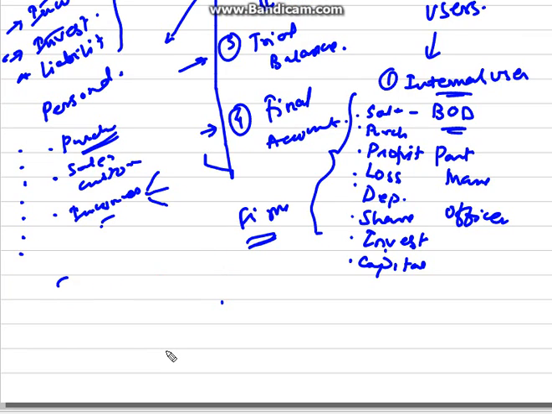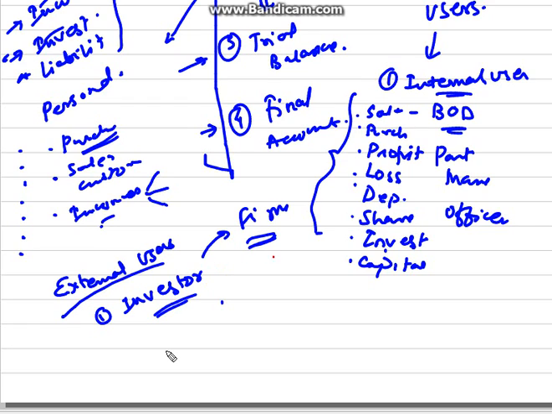And there is another kind of users called external users. In external users, there might be investors. If someone is coming in and trying to invest in your firm, he will find out whether your firm is healthy. Healthy in terms of what?